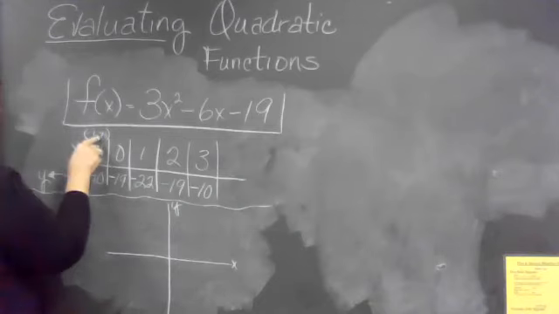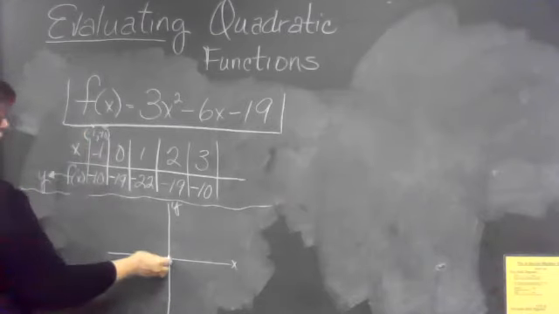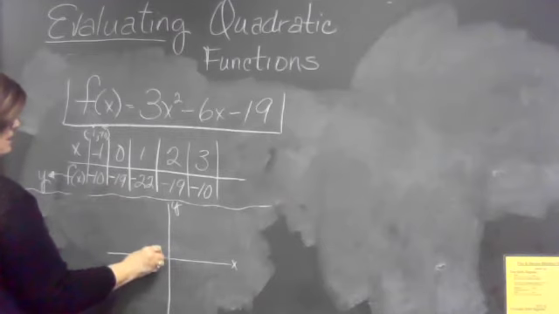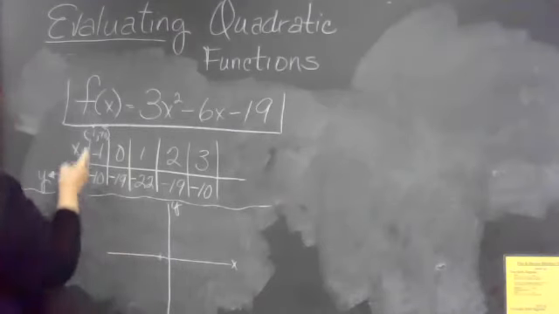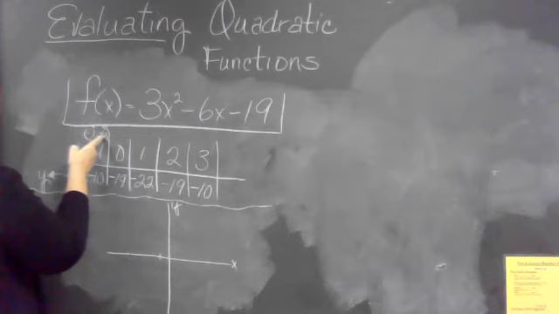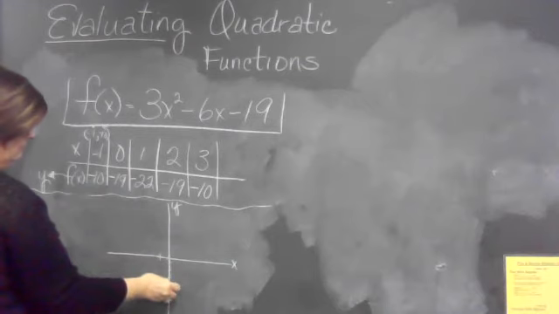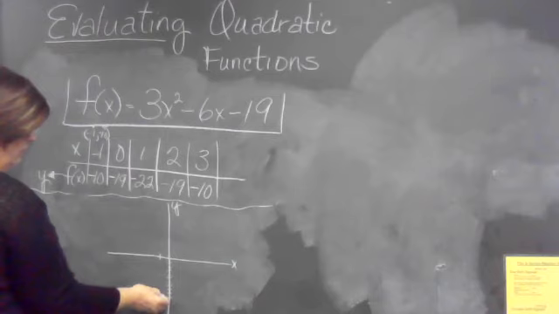So to plot this point, I need to start with the X and the Y. So the X goes first. I always start from the origin and move a -1. And then I go up or down -10. So there's my first point right here.